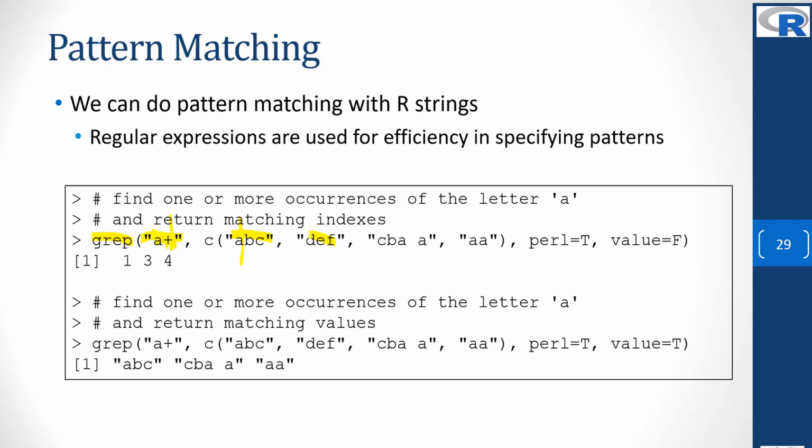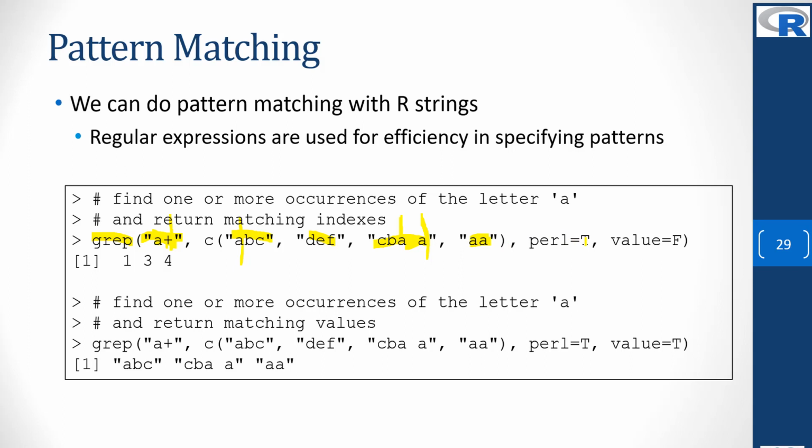DEF has no matches. CBA space A contains two A's separated by spaces, so it's actually going to match this A, but the fact that the next one is not immediately next to it internally is not really matching this A, but it only needs to find one, so it's happy with that. And then it finds AA, and it matches for that.